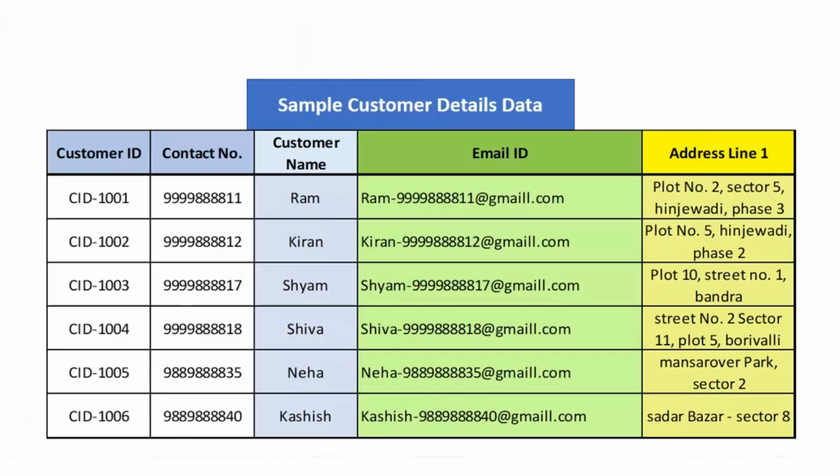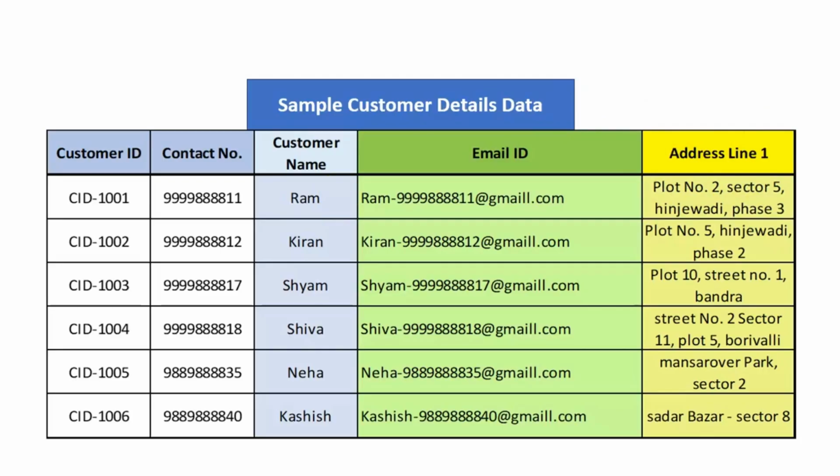Coming to the data, we will be using the customer detail data for understanding these three functions. The data contains all the customer details, name of the customer, contact number, address line 1, city and state, etc. From the queries, we can understand that we want to update the format of this column, which is customer name, then this column, which is email ID, and then the column address line 1.